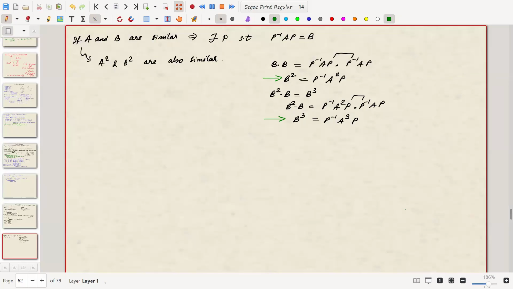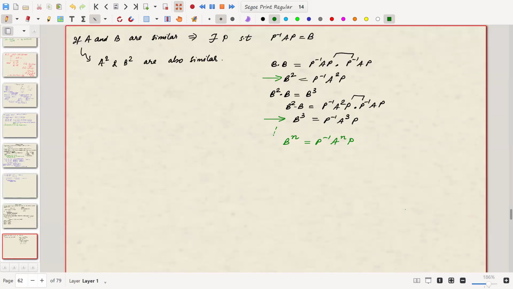So now you can convince yourself that the same holds for any positive integer n: B to the power n is similar to A to the power n.